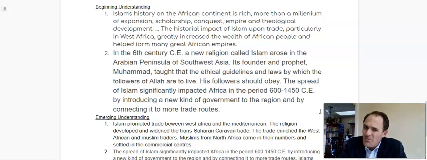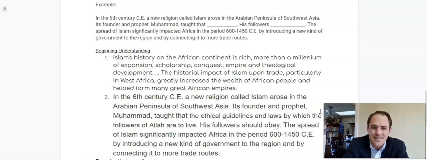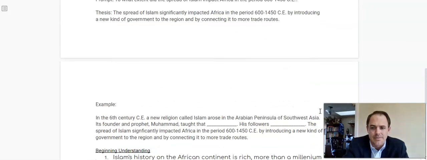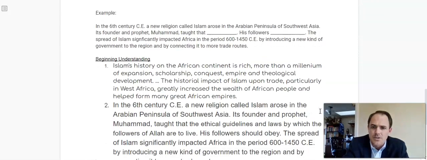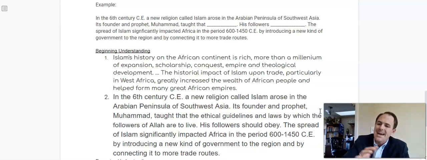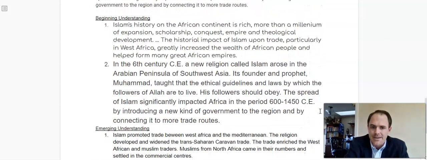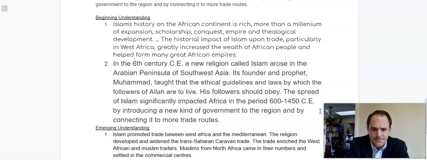It doesn't really tell me much about Islam. It tells me some about the impact of Islam, but that's the thesis statement, is the impact. In a contextualization statement, you need to go back in time before the events of the prompt to provide the background. So for that reason, beginning.